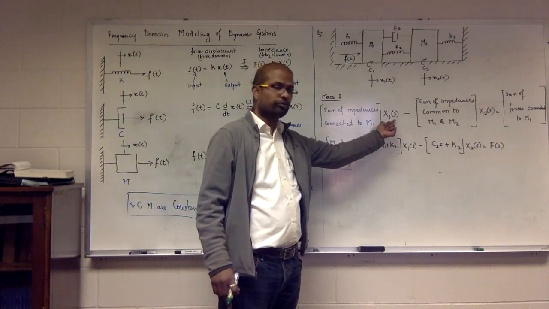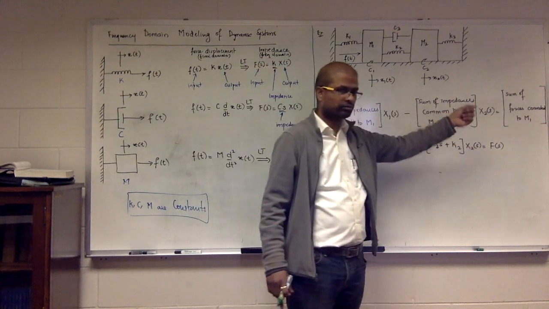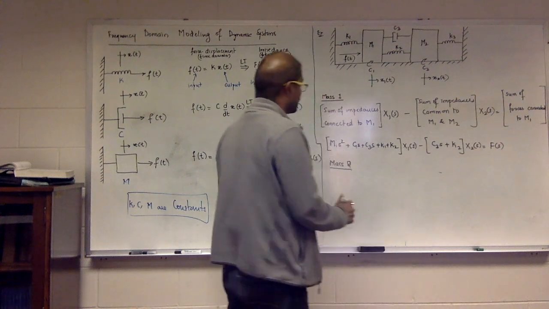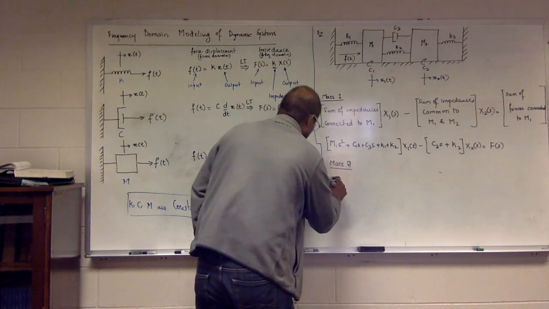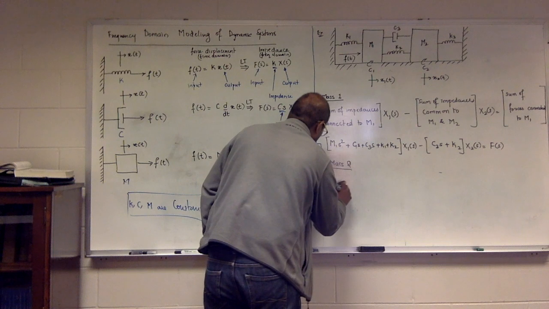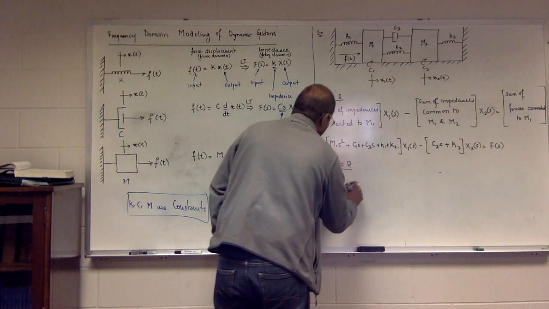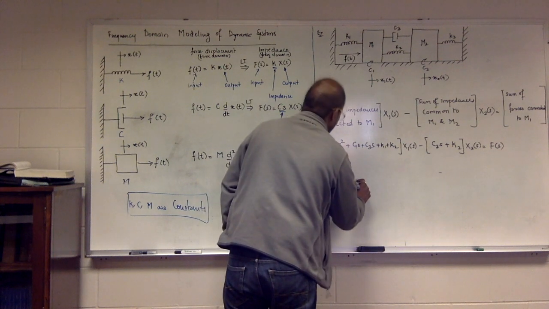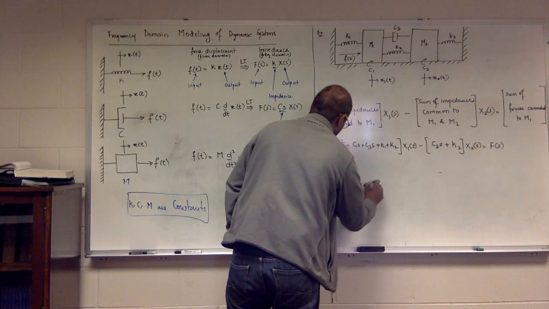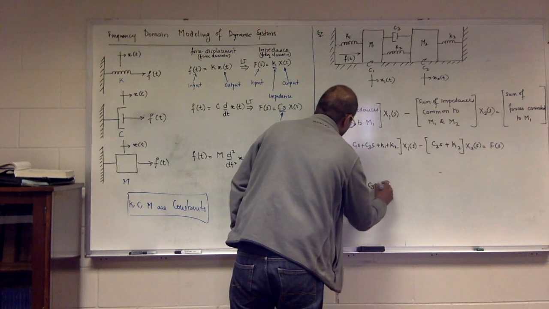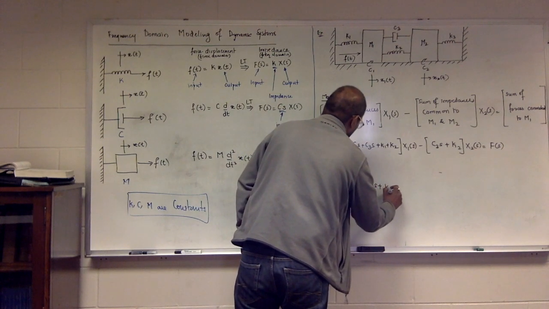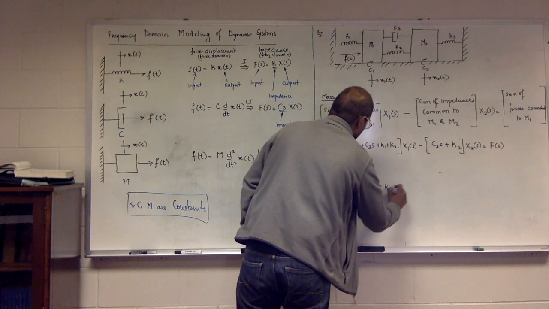Right, this is X2, and the next one is X1. Okay, cool. So if you do that, now you're going to get M2 s square plus C2s plus C3s plus K2 plus K3.